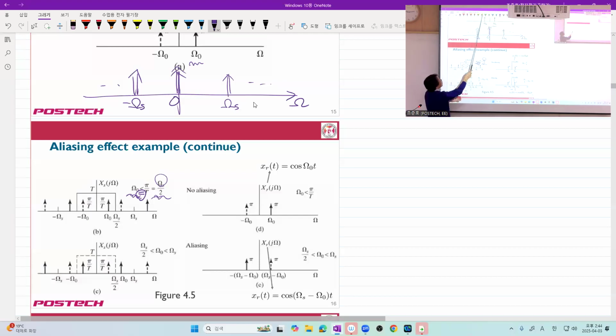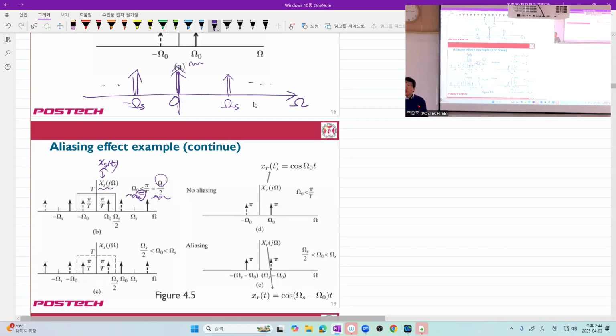Now, this part will be copied and shifted and pasted at the sampled signal's Fourier transform. So you have one replica and you shift it and shift it, something like that. So your sampled signal will have these many delta functions.